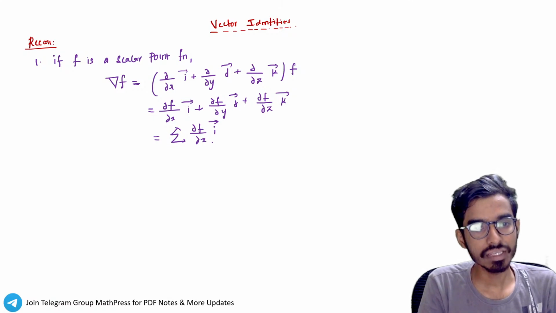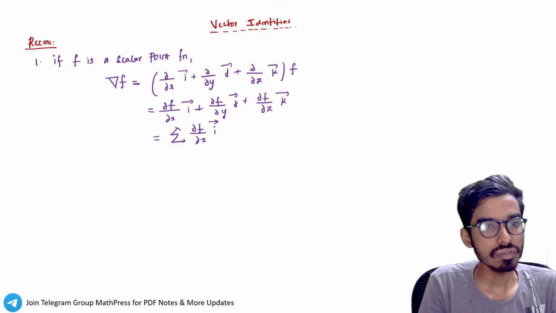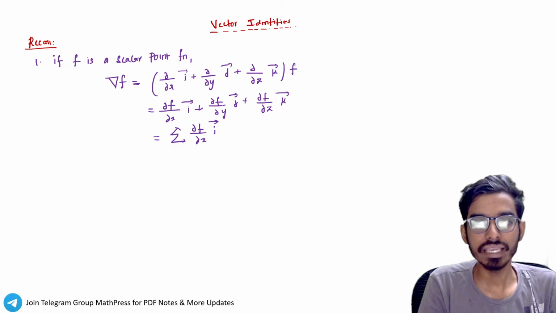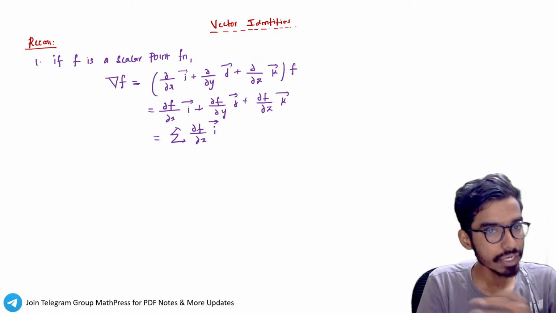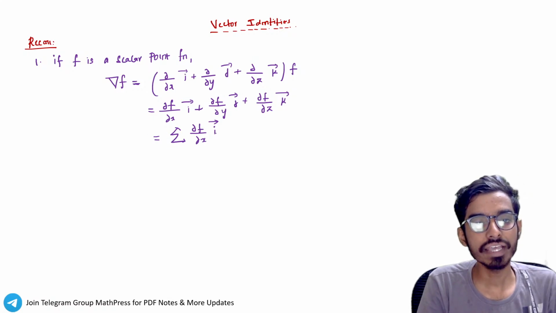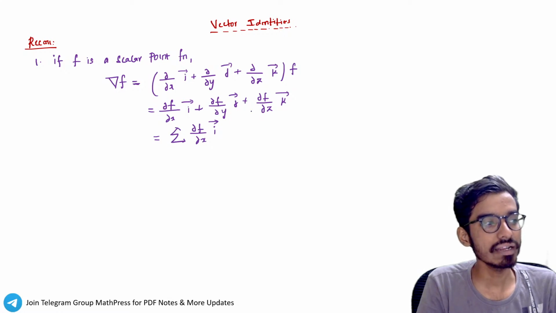This is a very important thing, because for this only we are writing all the definitions again. So del f is dou f by dou x i plus dou f by dou y j plus dou f by dou z k. This can also be written as the summation of dou f by dou x into i vector, that is, you are running x and i, then y, j, then z, k. Both are the same.